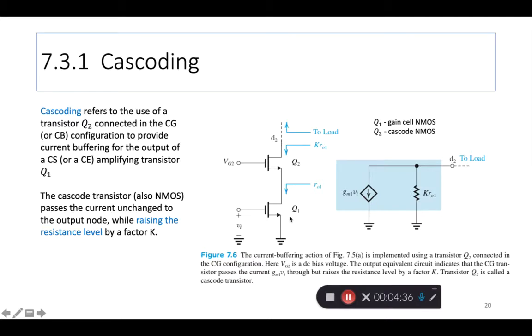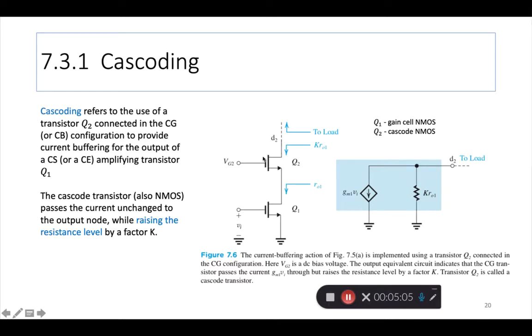So the gain cell has acquired a friend, a companion, which is of the same type. If this is NMOS, this is also NMOS. This companion is called the cascode transistor. The goal or the responsibility of it is to increase the resistance at the output node. The output node is somewhere here.